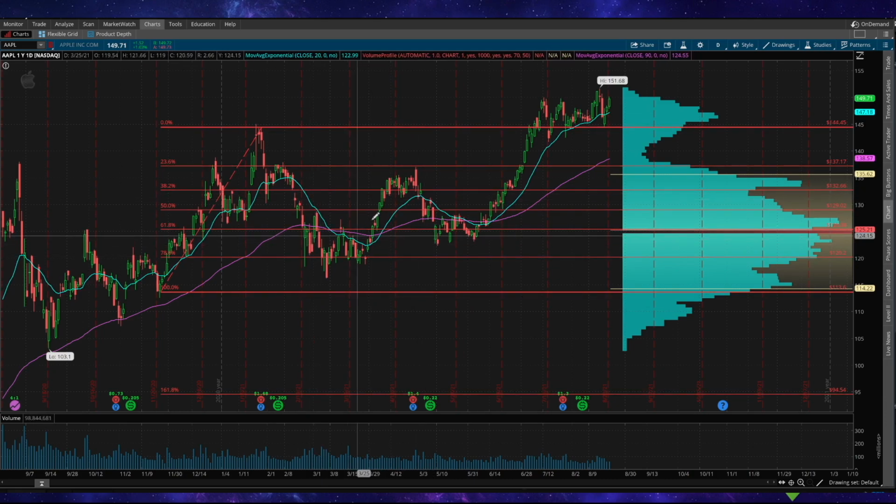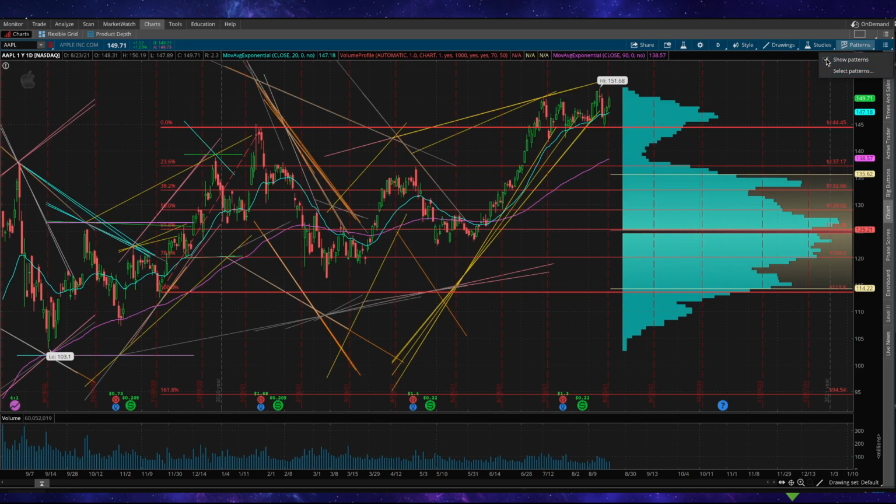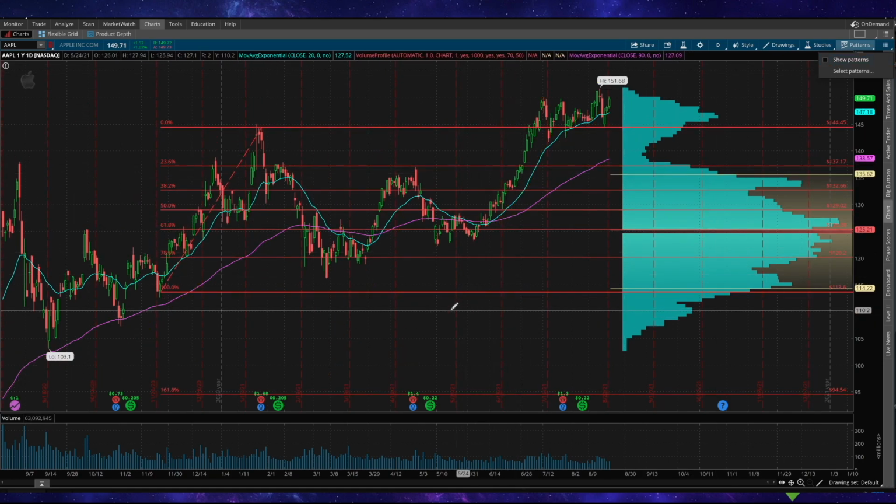And that's just because I see that there's a lot of action here. You can see that by the volume profile. It's also below the 50% Fibonacci that's already on here. I'm actually curious if there's any good patterns going on. I doubt there's anything that'd be worth using. Probably not. That looks like a lot to put on, so I'm just gonna leave that off actually. So let's see if there's anything good at like the 125 range for Apple.